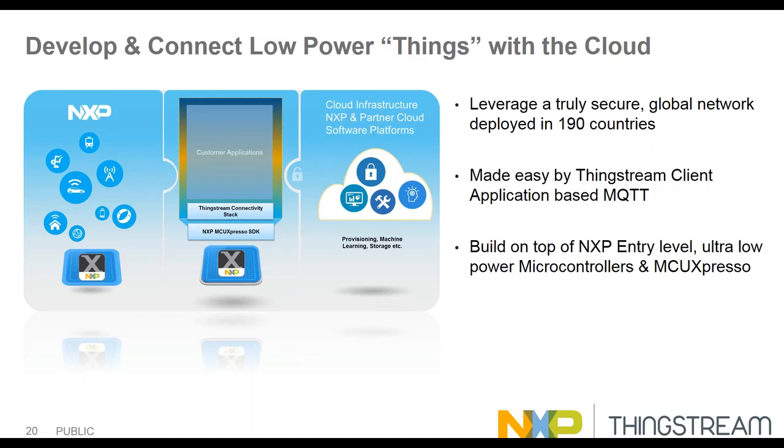And they're making it really easy with the ThingStream client applications, which are based on MQTT, really a standard in the industry. And of course, all of that's built on top of the NXP entry-level low-power microcontrollers and the MCUXpresso, which allows any developer to quickly develop applications leveraging ThingStream solutions.